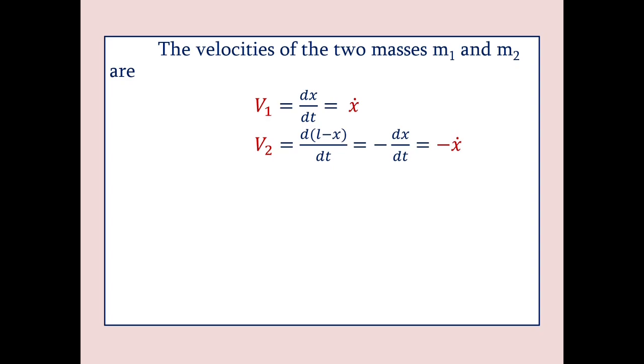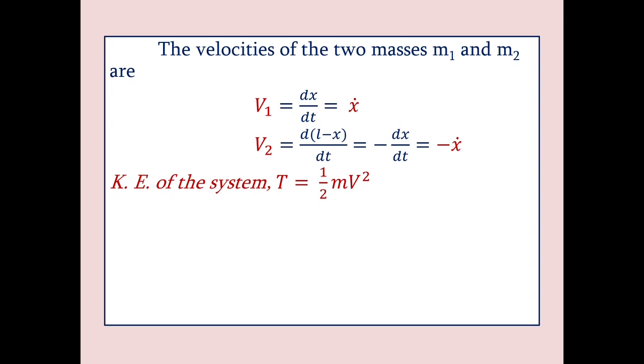Then v2 is d by dt of L minus x, since mass m2 is at a vertical distance of L minus x from the pulley. So in place of r we write L minus x. Since L is a constant, its differential gives 0, so what is left is minus dx by dt, which can be written as minus x dot.